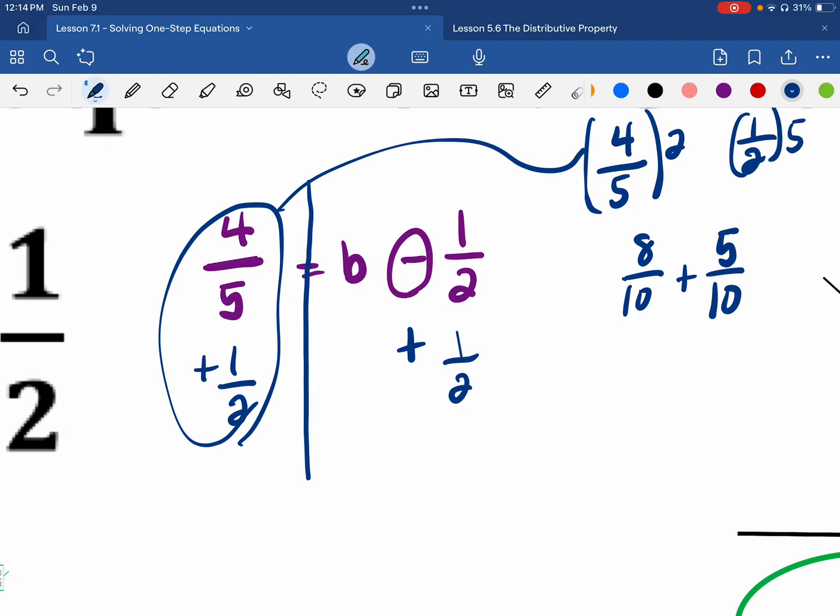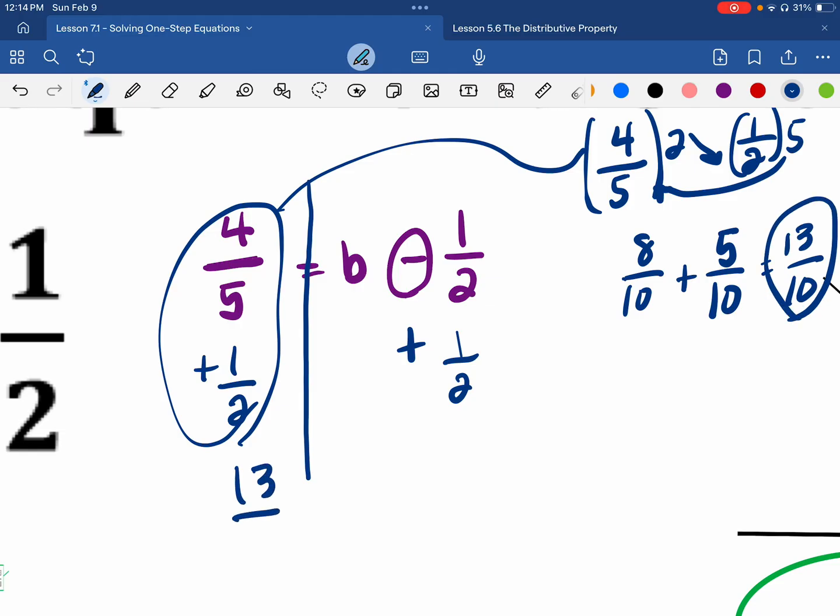I just multiplied each fraction by the opposite fraction's denominator so that I could get a common denominator, so that now I can just add straight across. When you're adding, the denominator stays and you simply add the numerator. So 8 plus 5 would get to 13/10. So in this case, we'd have 13/10 is equal to b.